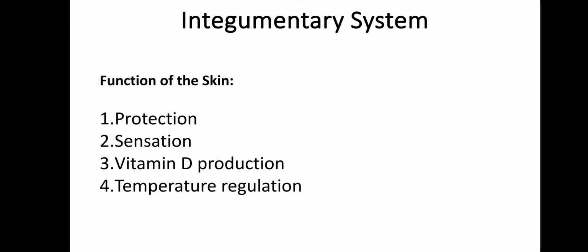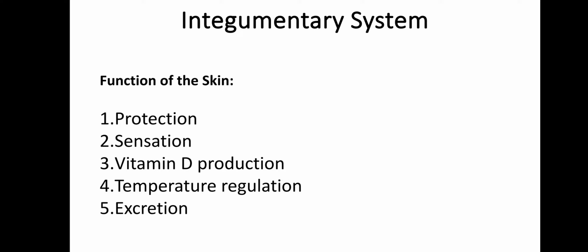So ano ba yung ating integumentary system? So the word integument means a covering, no? So it's a protection. So we have five major functions of our skin, or our integumentary system. The first one is for protection.